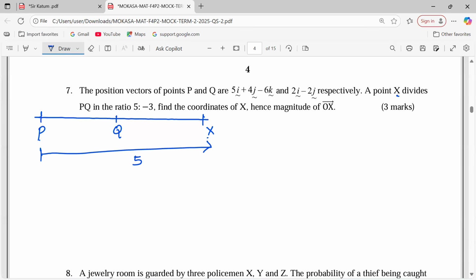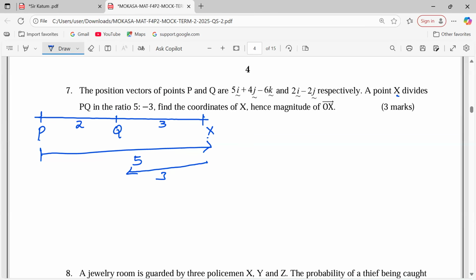Then we are moving back 3 divisions. That means we will have 3 proportions at this point, and because the total was 5, there remains 2 proportions here. 5:3 means from P to X, 5 divisions, and from X back to Q, 3 divisions.